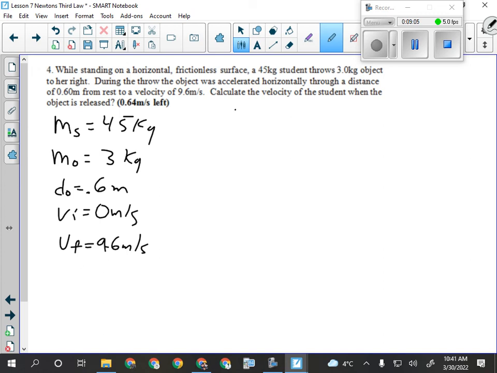So first thing I'm going to do is calculate the acceleration of the object. I'm going to use vf squared equals vi squared plus 2ad to do that, but I'm going to manipulate it for a. So a equals vf squared minus vi squared over 2d. That's going to be 9.6 squared minus 0 divided by 2 times 0.6.